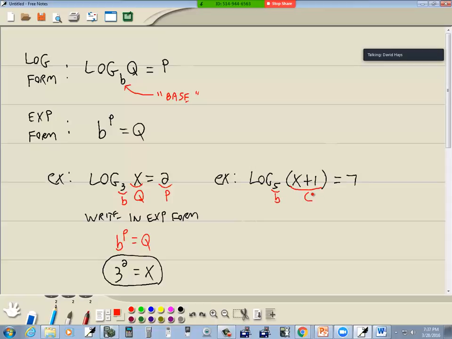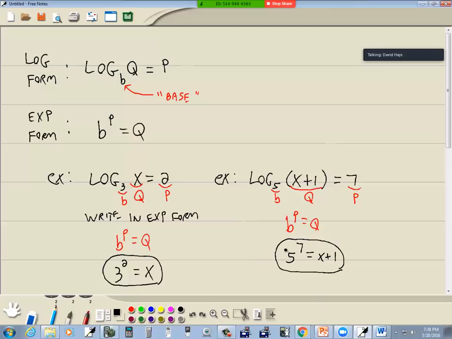And then what follows that is your q. And then the other side of the equals is your p. And our exponential form is b to the p is equal to q. So we'll now plug in our b, p, and q. We've got 5 for the b, p was 7, and q was x plus 1.